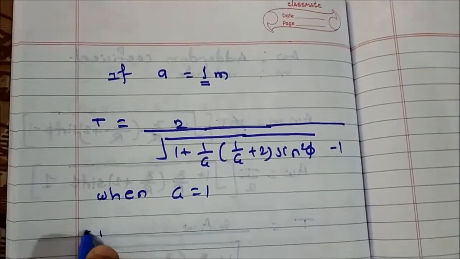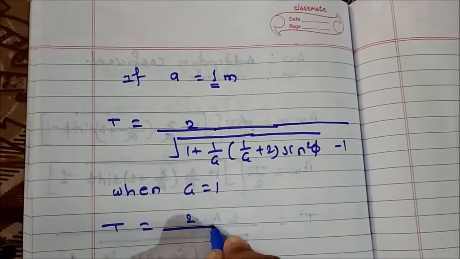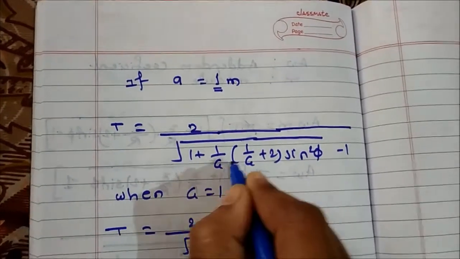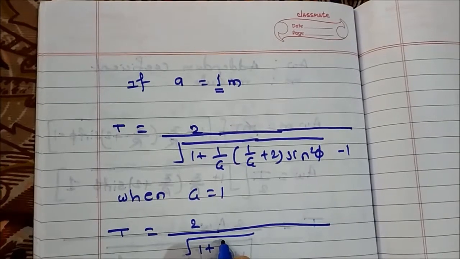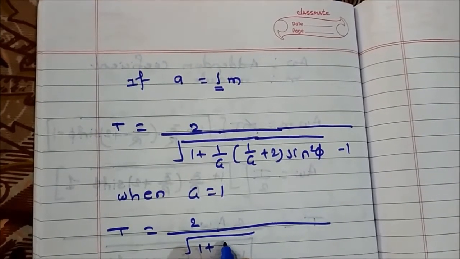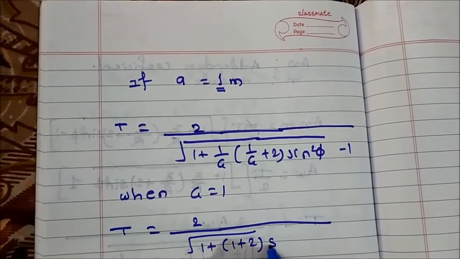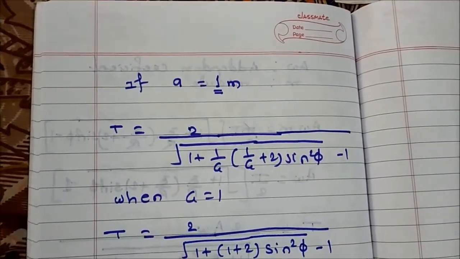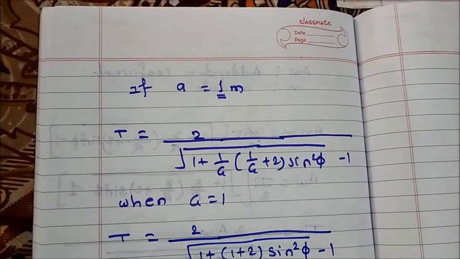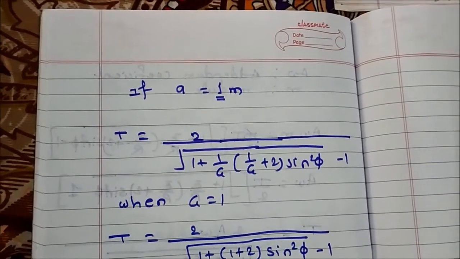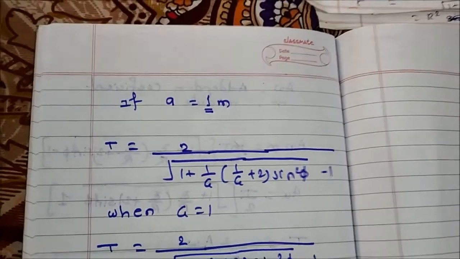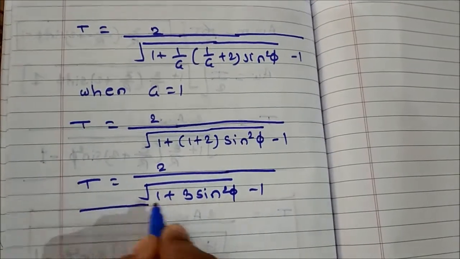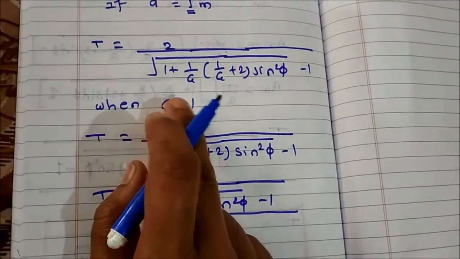In that case, number of teeth becomes 2 upon under root of 1 plus, this 1 upon G becomes 1. So it is 1 plus 2 sine square phi, minus 1. So it is 2 upon under root of 1 plus 3 sine square phi, minus 1. This is the equation when gear ratio is equal to 1.